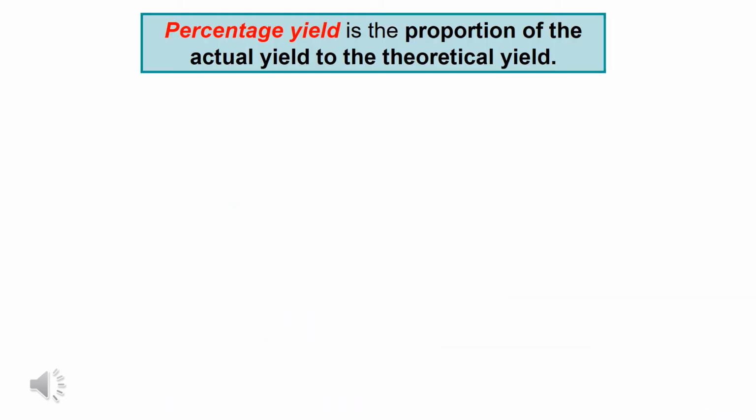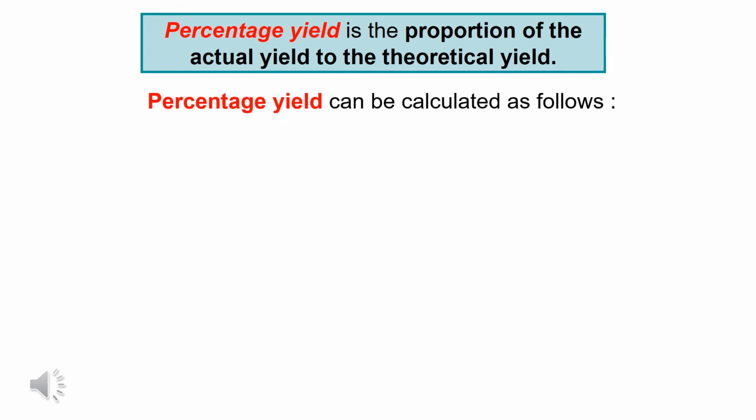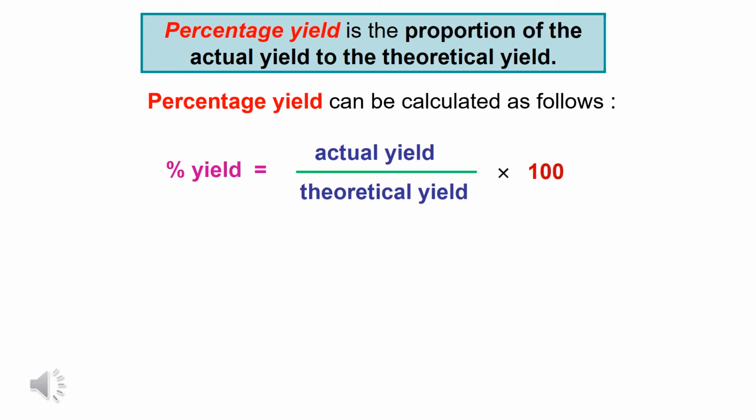Percentage yield. So what is percentage yield? It is the proportion of the actual yield to the theoretical yield. Percentage yield can be calculated as follows. Here's the formula: percentage yield equals actual yield over theoretical yield multiplied by 100.